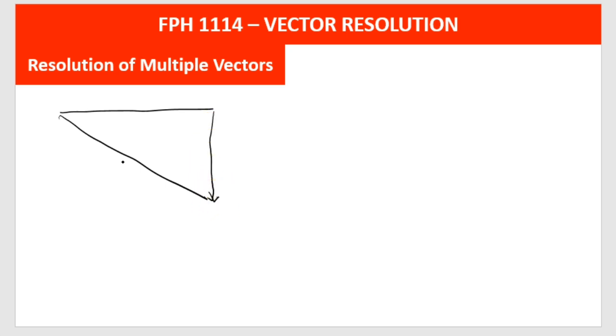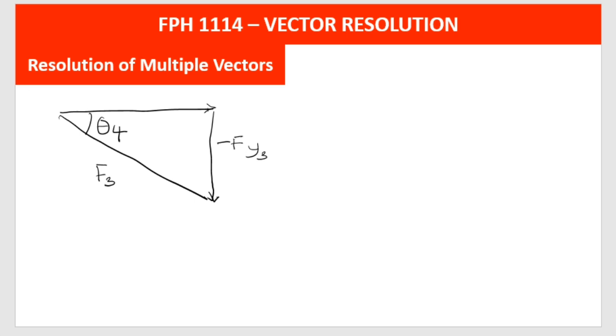Remember, it is acting downward, and then here we have this. So this is our theta 4. We are still on the negative side of the y-axis, so we have minus Fy. This is F3, which is the resultant.